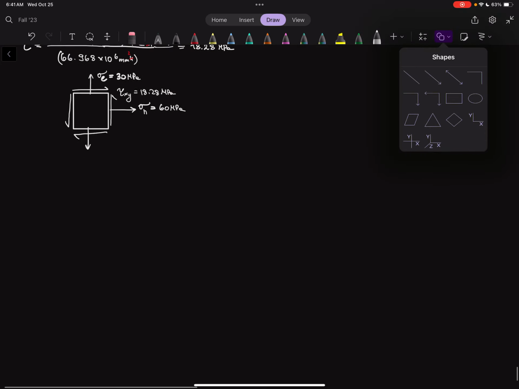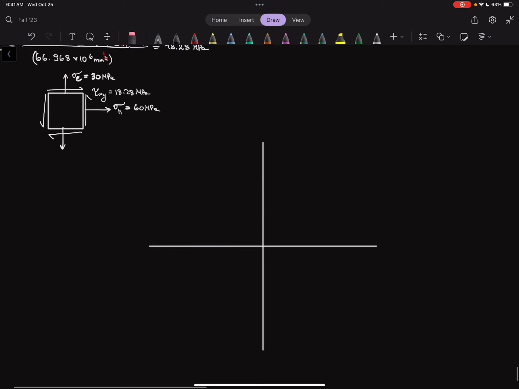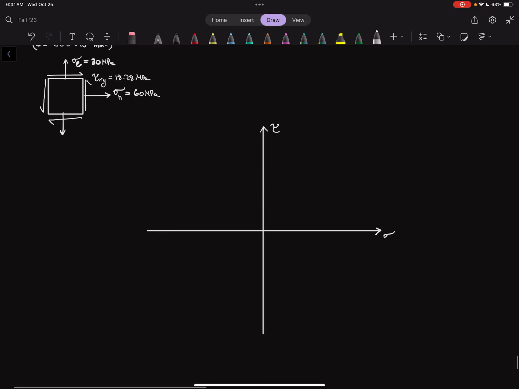So now we draw a Mohr's circle, where this is my sigma and this is my tau. And we say, well, my x-coordinate is 60 and 18.28. The y-coordinate is 30 and minus 18.28.